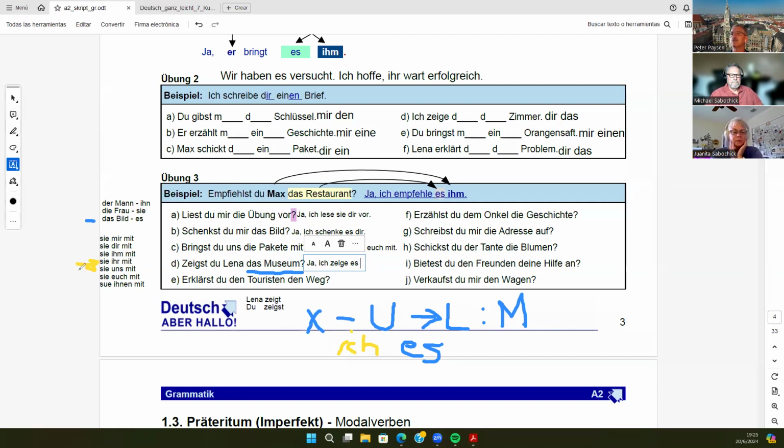So it should be ihr. Ihr is to Lena, to her. Okay, so, ja, ich zeige es ihr. Yes, I show it to her.